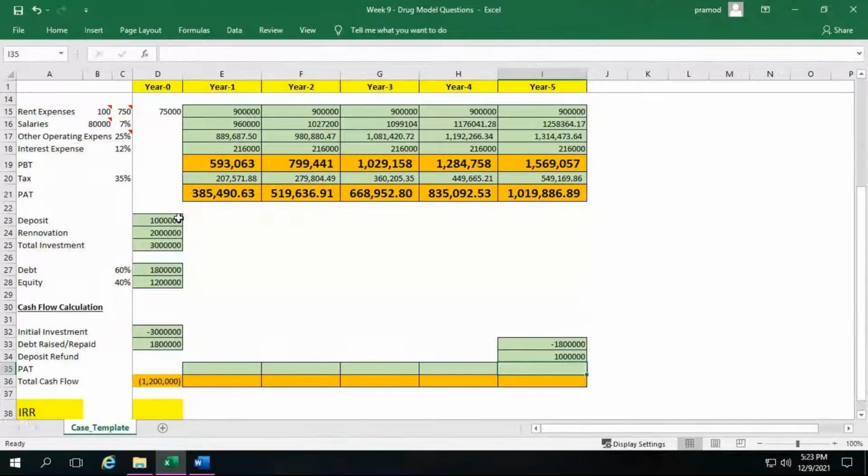Okay. So it is deposit refund and this debt paid.